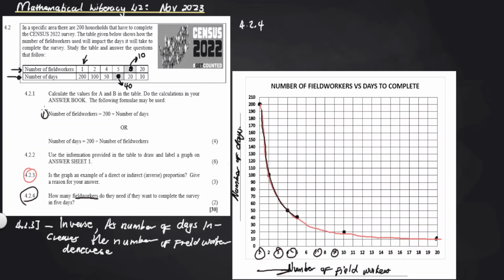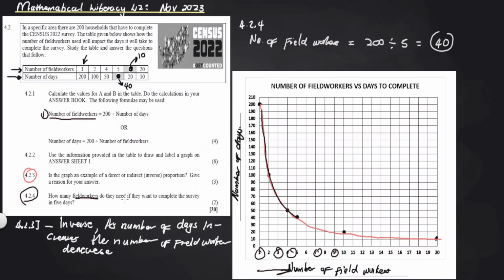So we're going to use the first formula: the number of field workers is equal to 200 divided by the number of days. So we divide by 5. The answer is going to be 40.